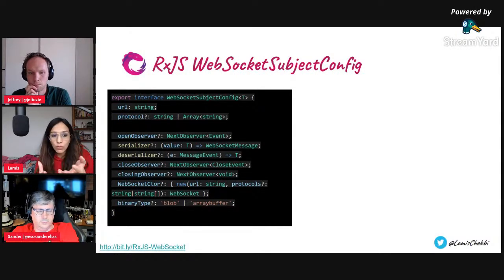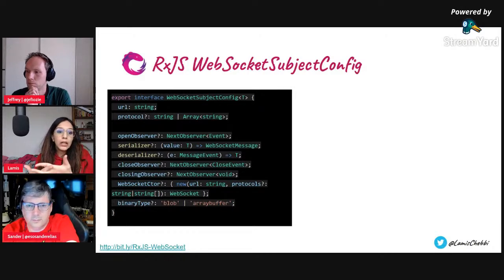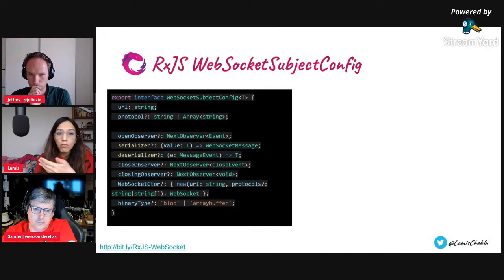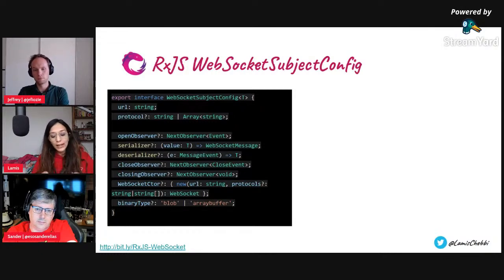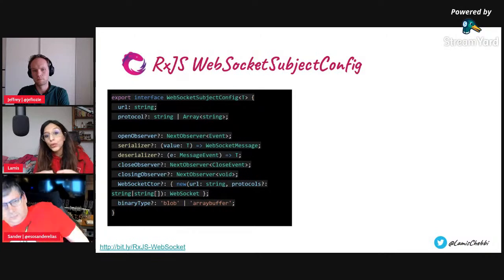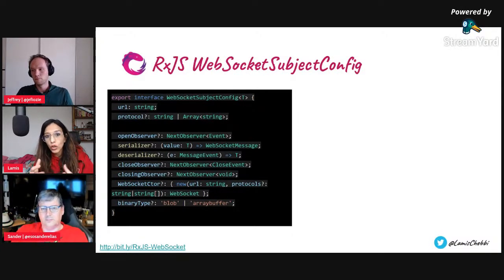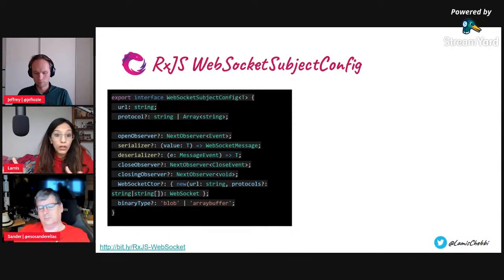For example, you can intercept specific moments of the socket lifecycle, the closure of the connection, the opening of the connection. You can intercept those events and put your specific functions and treatments in order to do a business thing or any other technical thing.